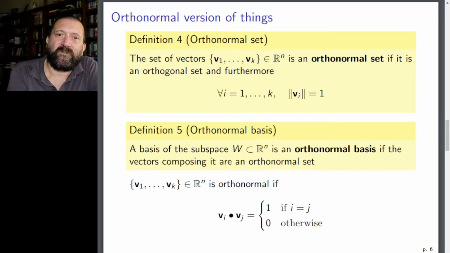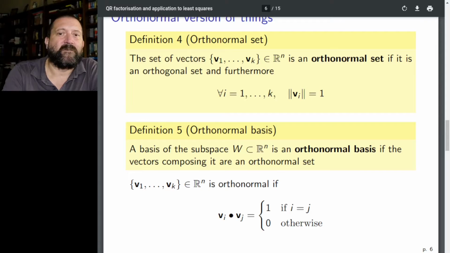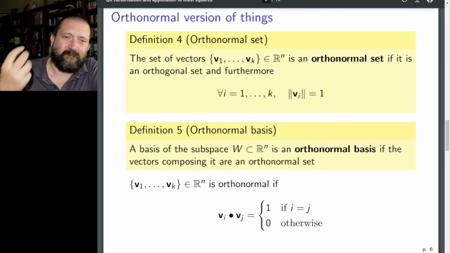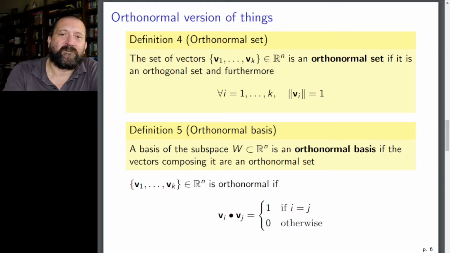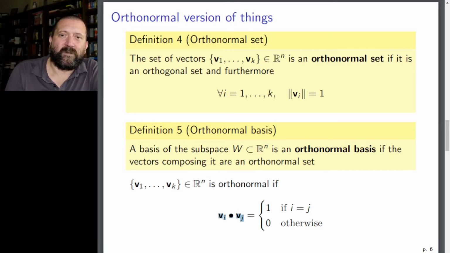Let me just point out that if you want to determine whether a set of vectors is orthonormal, you can use a slightly revamped version of the definition: the set is orthonormal if, whenever I take the dot product of two vectors, I get 1 if the indices are the same and 0 any other time.